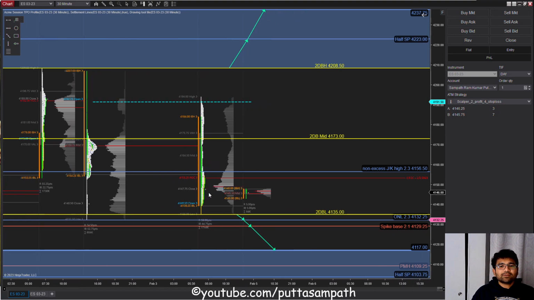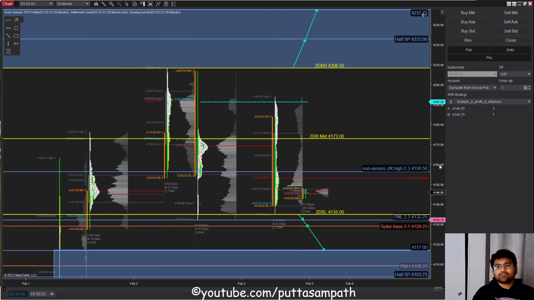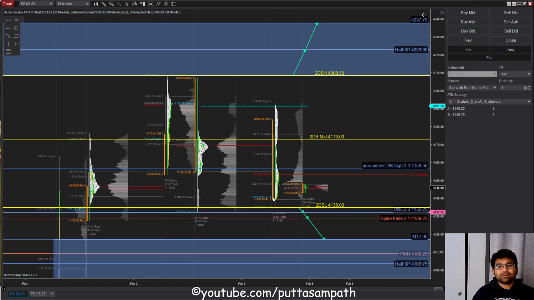If you notice here, most of the volume that is traded for the day is around this peak mountain sort of shape here. It's around 4150 area. Yeah, the TPO point of control is also around 4150 area. So we sort of reverted back to where we had opened, but the close was also below prior day's low.